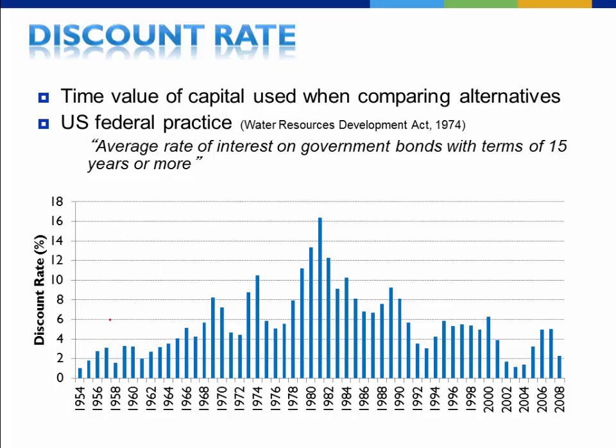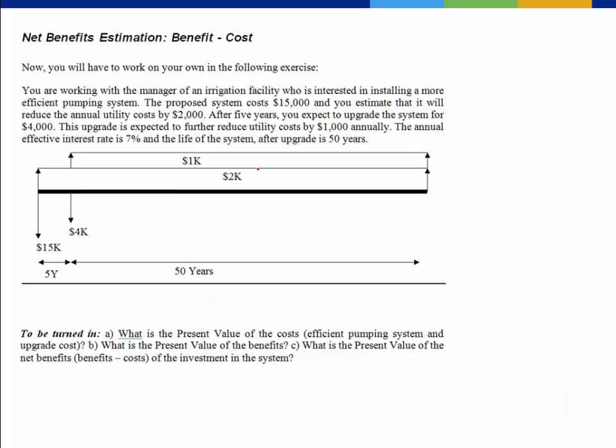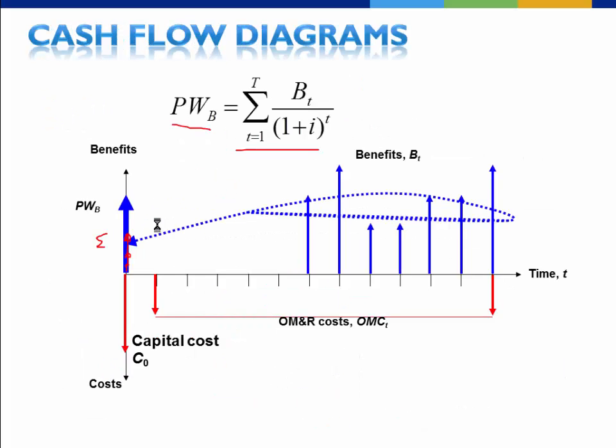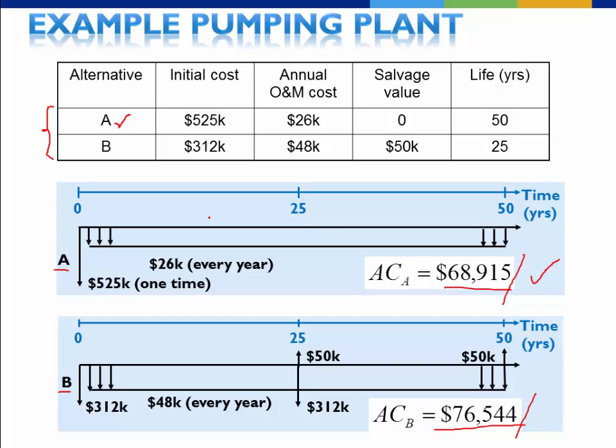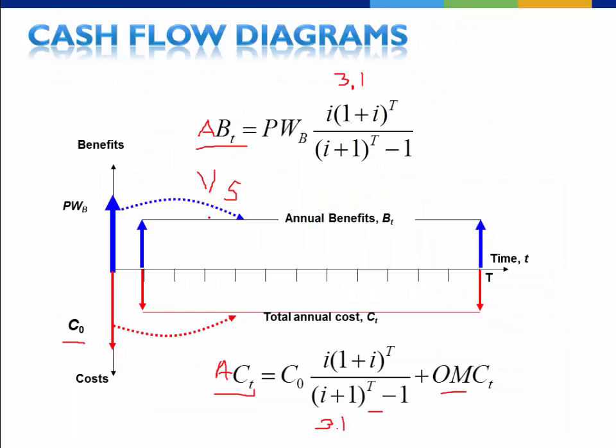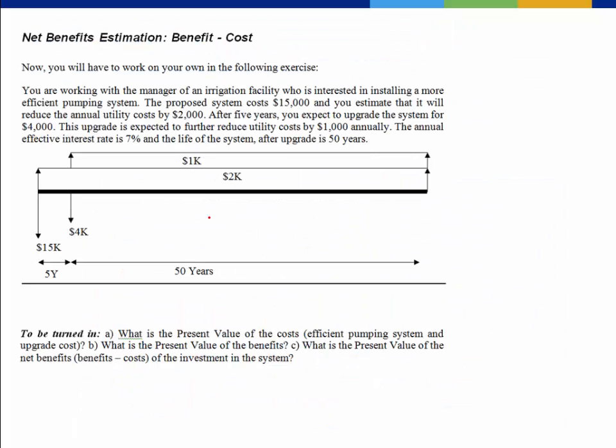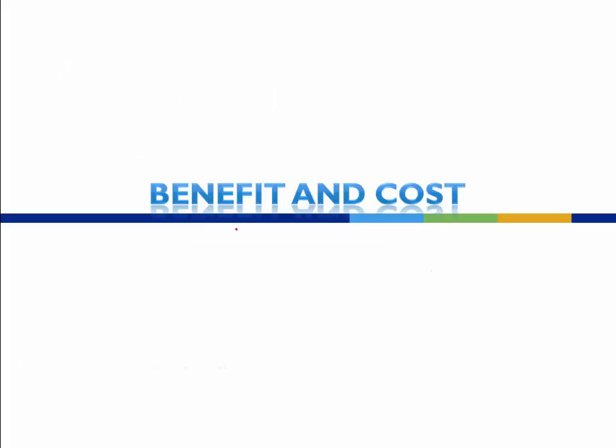This is accessible, and people use it to estimate all these numbers. This is important because in one of your exercises you will be calculating this with two different alternatives. So make sure that you understand the previous example pretty well, because I'm going to be asking you this in your exercise and also in the exam.